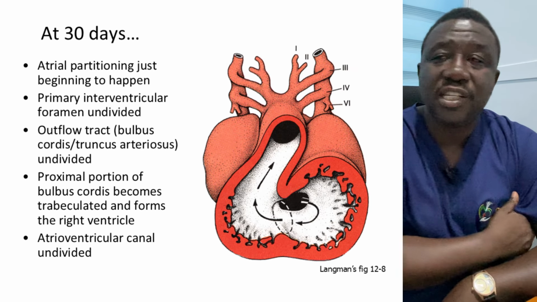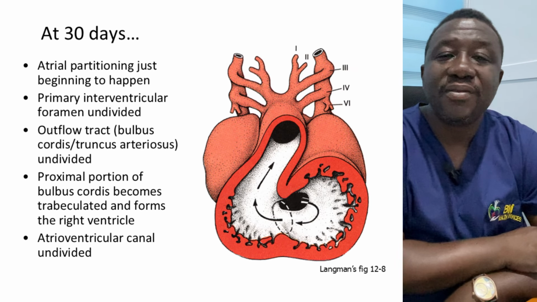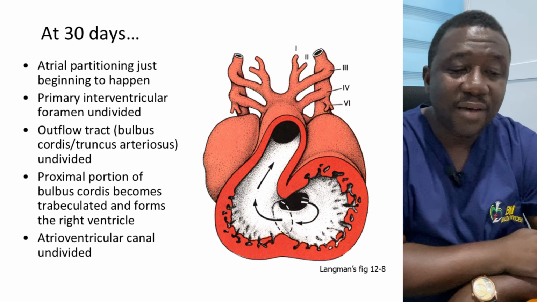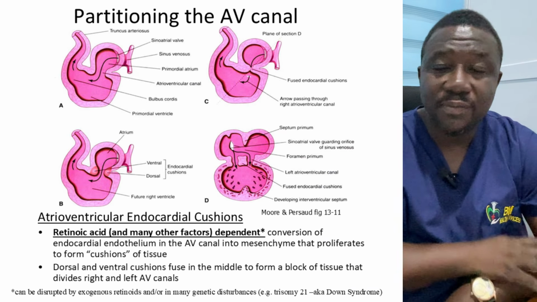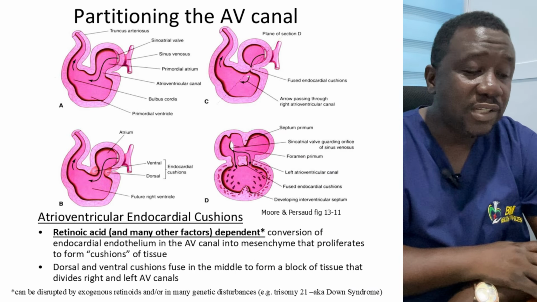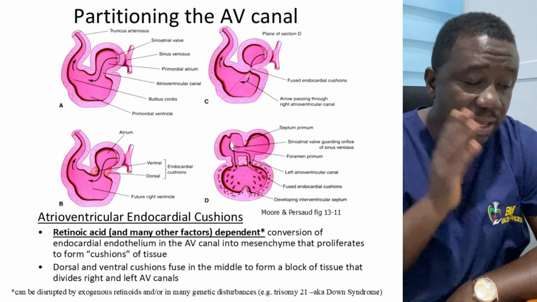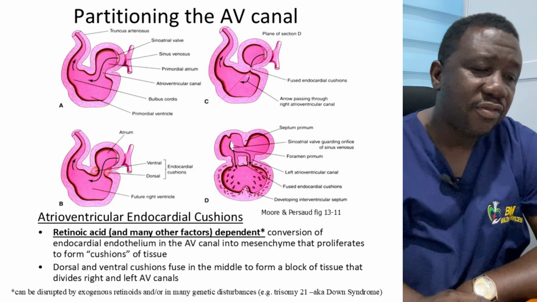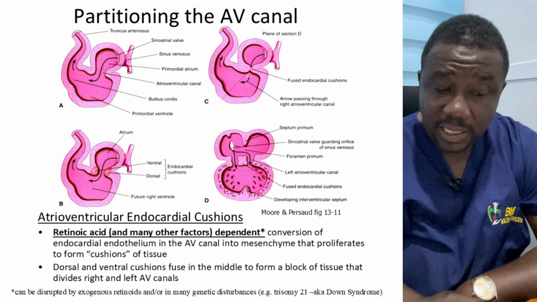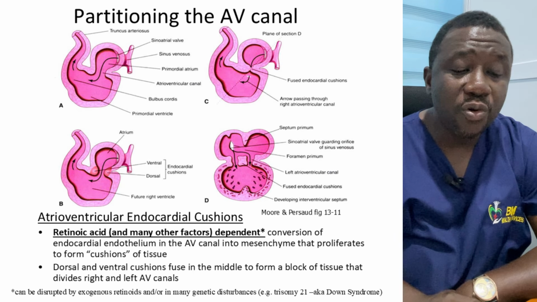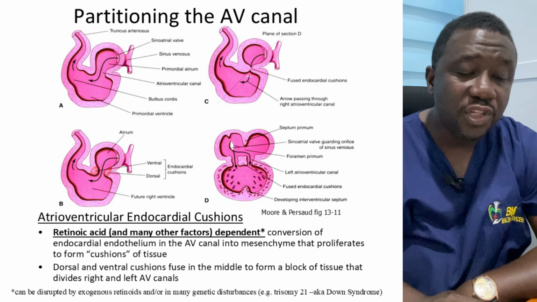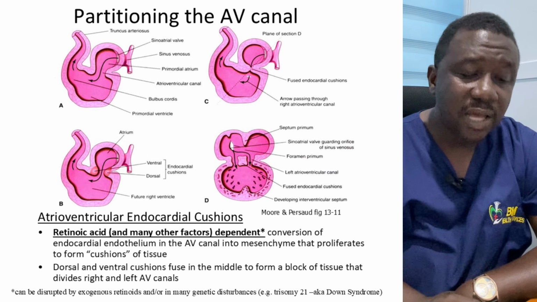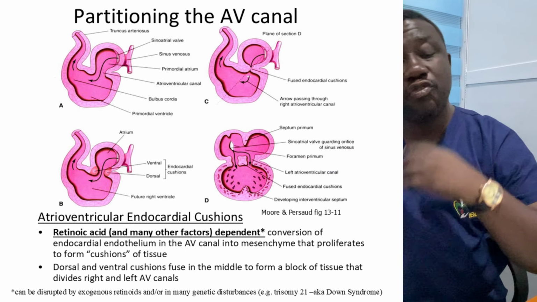Let's look at the partition of the AV valve. Partition of the AV valve is showing A, B, C, and D. If you look at A, it's part of the formation, and then by D, we have primordial septum formation at the ventricle and in the atrium.